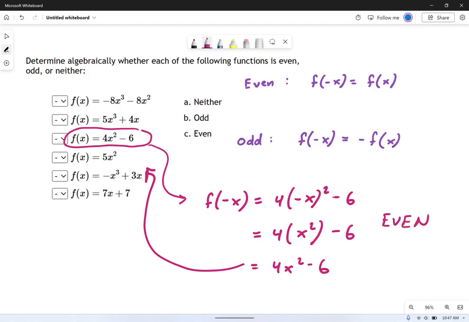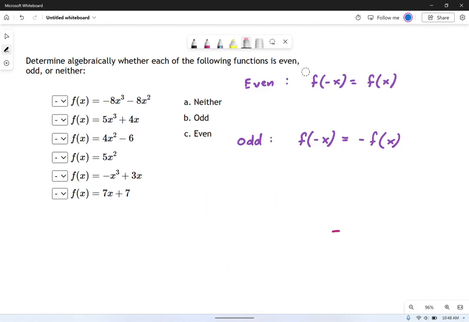Now, a neither function would be something that simply doesn't give you the same as what you started with. And I'll give you an example of one of those. So if you take a look at this top one, okay, I'm going to do this one right here. I don't want to spend a whole lot of time on this. F of negative x equals, if you cube negative x inside here, you're going to get negative x cubed.